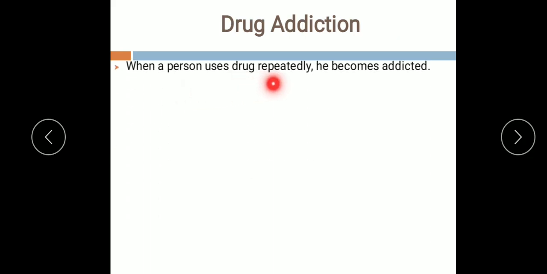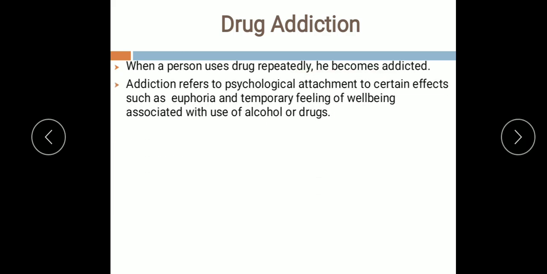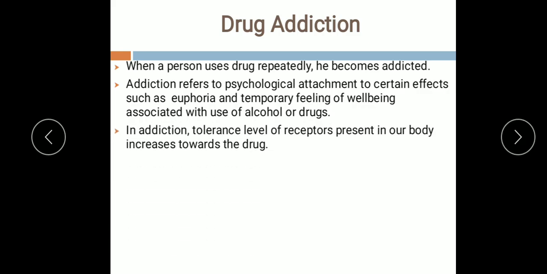Drug addiction. When a person uses drugs repeatedly, he becomes addicted. Addiction refers to the psychological attachment to certain effects, such as euphoria that I explained, that is, the intense feeling of happiness, a temporary feeling of well-being associated with the use of drugs or alcohol.